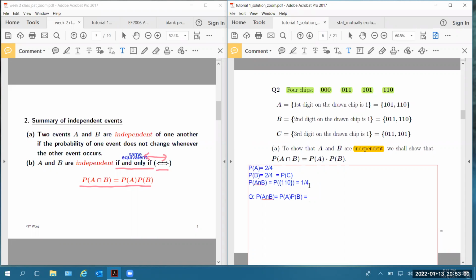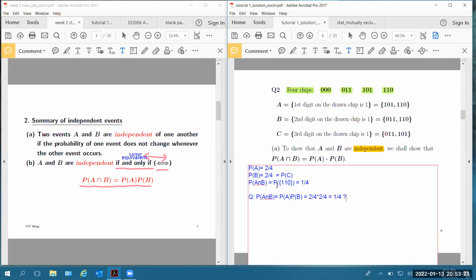Here probability of A is 2/4, so 2/4 times 2/4, and then I also get 1/4, right? Can we find probability of A and B by this?